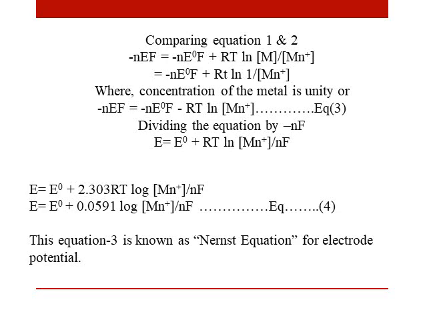That is minus NFE naught plus RT ln 1 by the concentration of M n plus, because the concentration of M, that is molarity, is taken as 1, the product formed being 1:1, so the concentration of the metal is unity.